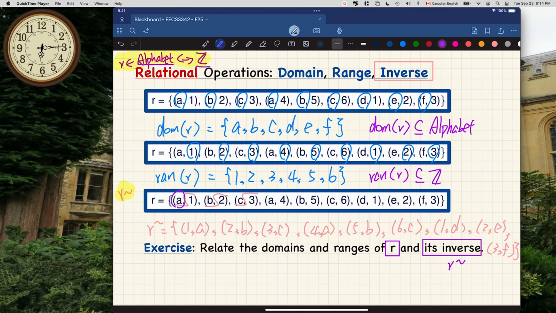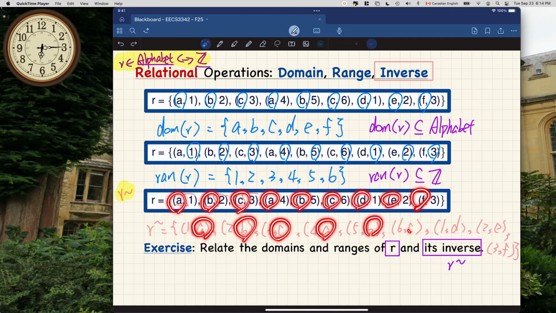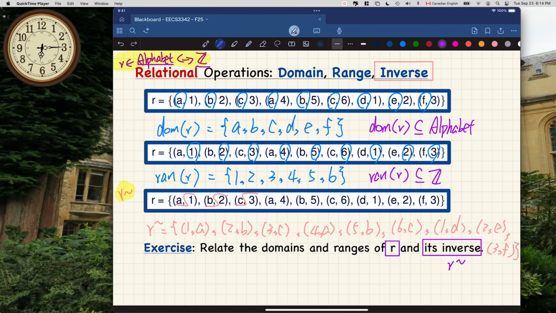Let's see this example here. Domain of R is A, B, C, D, E, F. And the range of the inverse will be A, B, C, D, E, F, exactly the same. So we're going to say the domain of R will be just the range of R inverse, because by definition, the inverse just switches the order of the two elements, domain to range, range to domain.